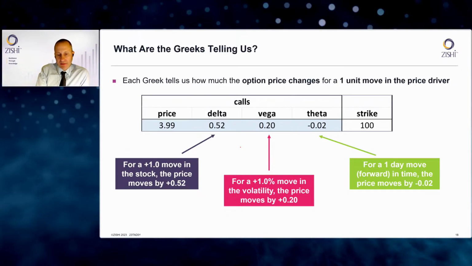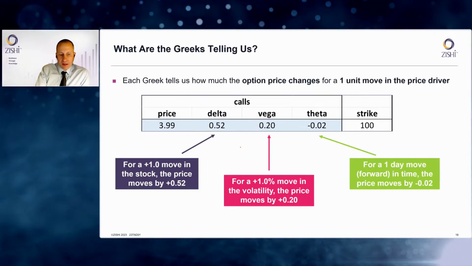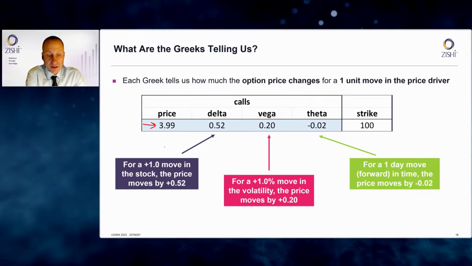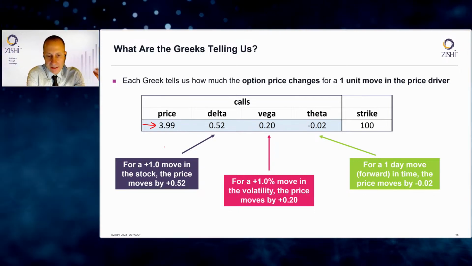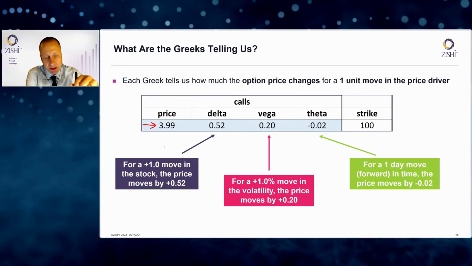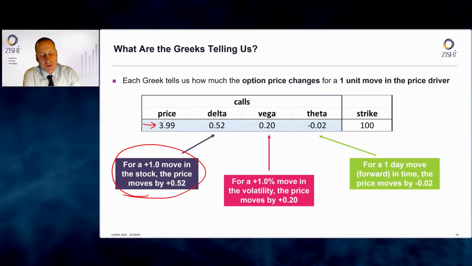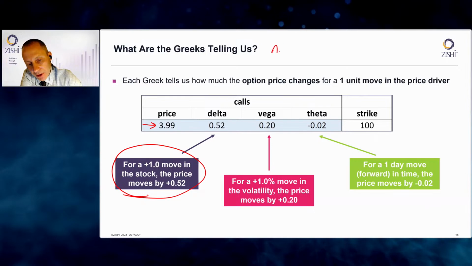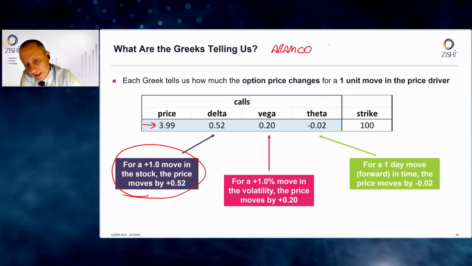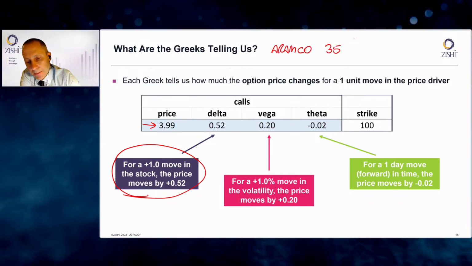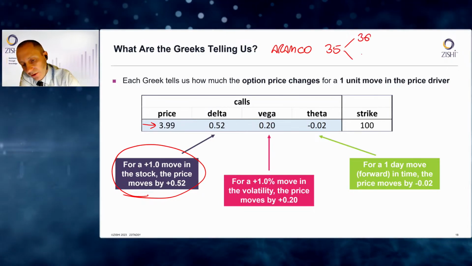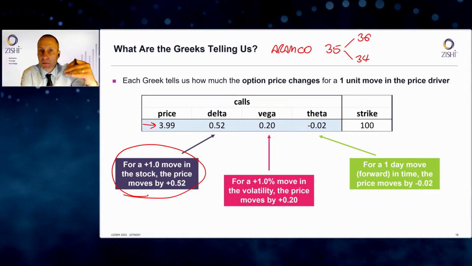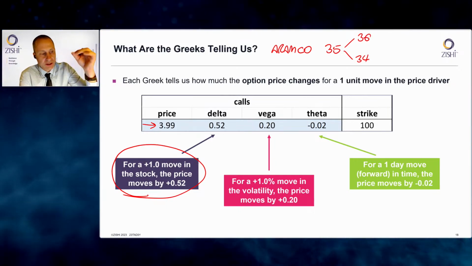So just zooming in on the 100 call, having a look at all of its details, you can see that at the moment, the price is trading at 3.99, so 3.99 riyal per share. Its delta, 0.52, is telling me that for a 1 riyal movement in the underlying share, so if this is Aramco, and let's say Aramco was trading around 35 riyal, if Aramco moved up or down to 36 or 34, the delta would tell me how much the premium of that option changes in both cases.